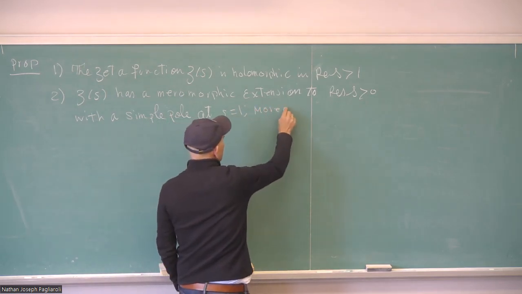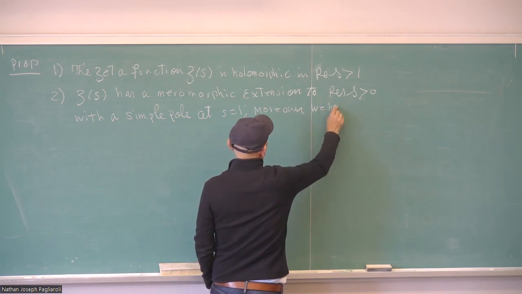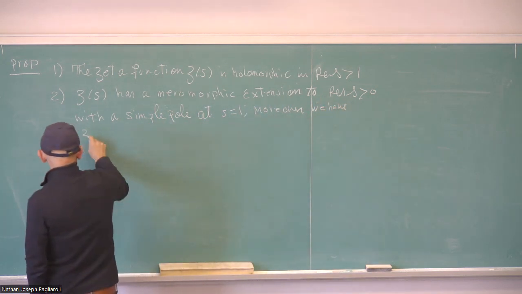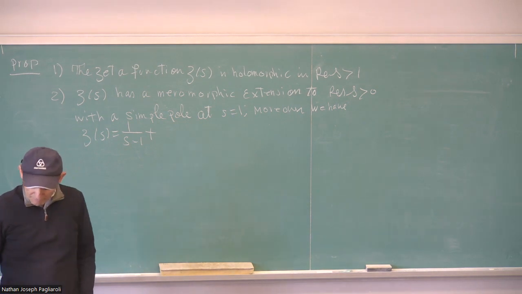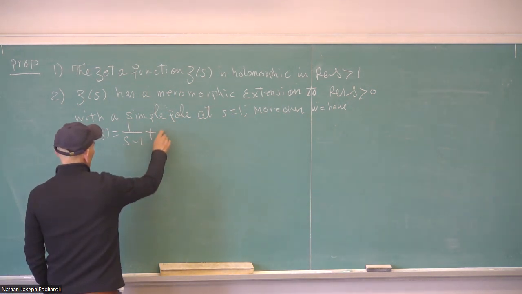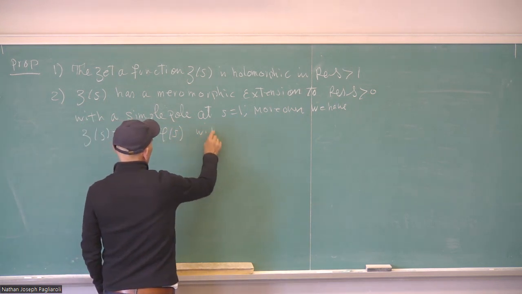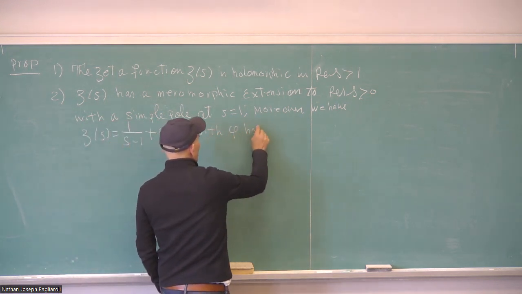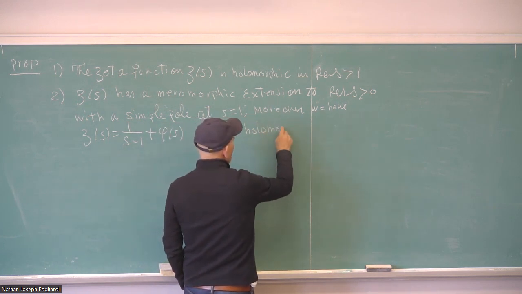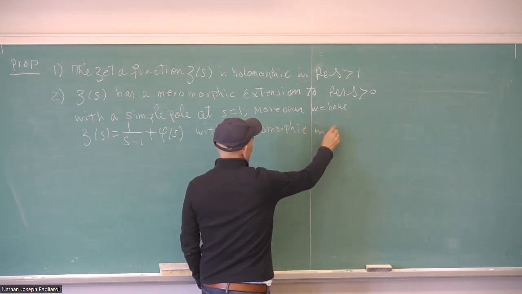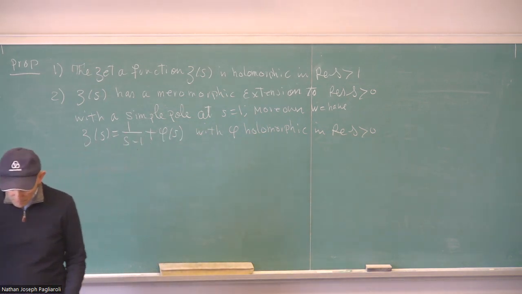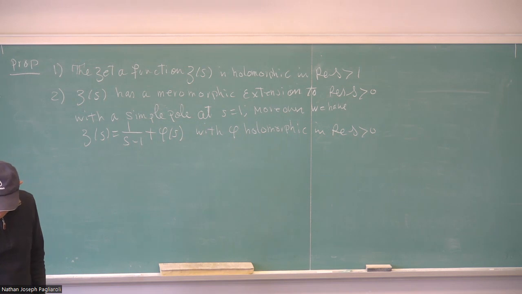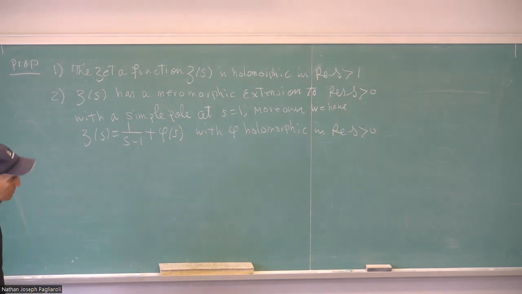Moreover, zeta of s equals 1 over s minus 1 plus phi of s, with phi holomorphic, not meromorphic, in real part of s bigger than 0.